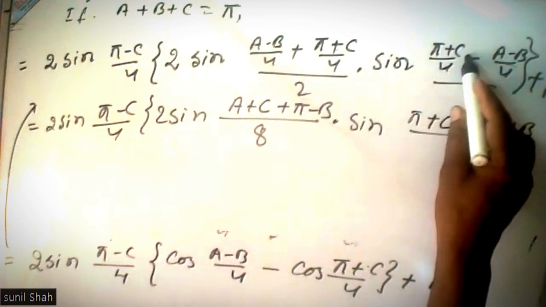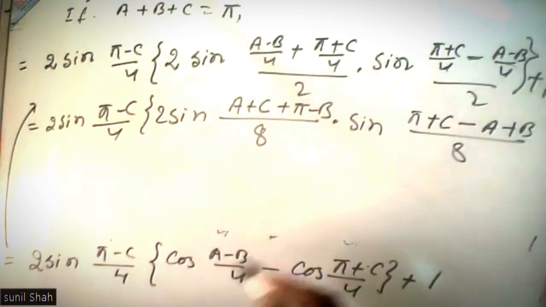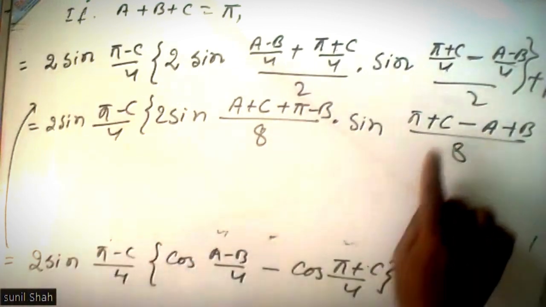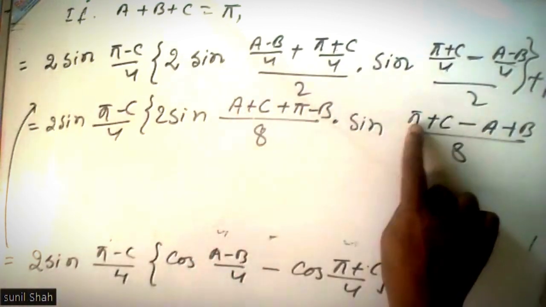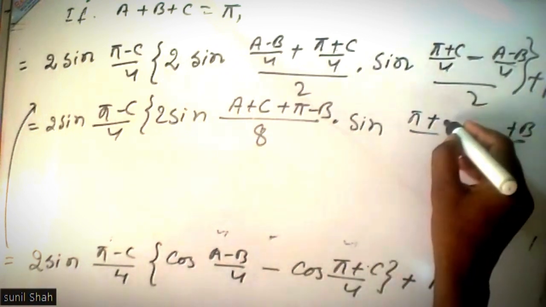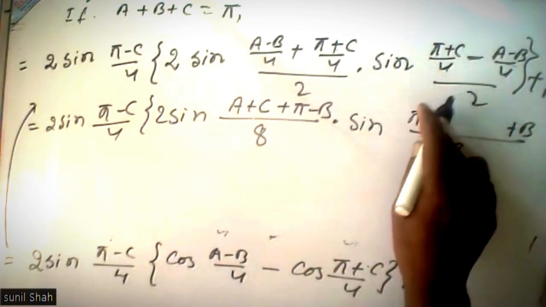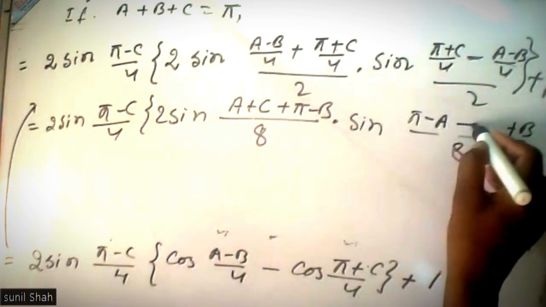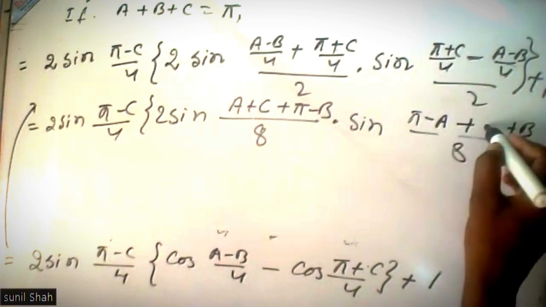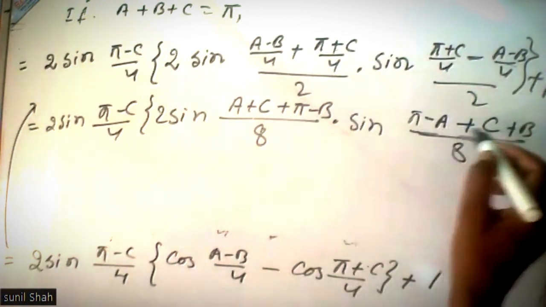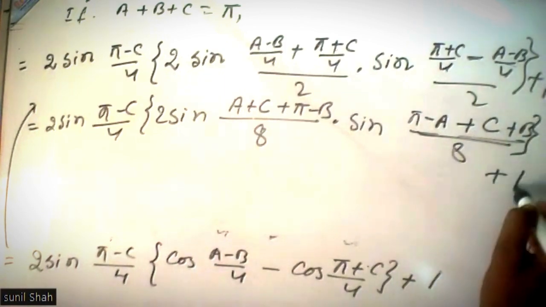When we take the LCM, this minus multiplies both, so minus minus plus B. Now we arrange this: pi minus A is taken together and C plus B keep together. Pi minus A can be kept together plus B plus C. We write this together, put bracket, and plus 1 is here.